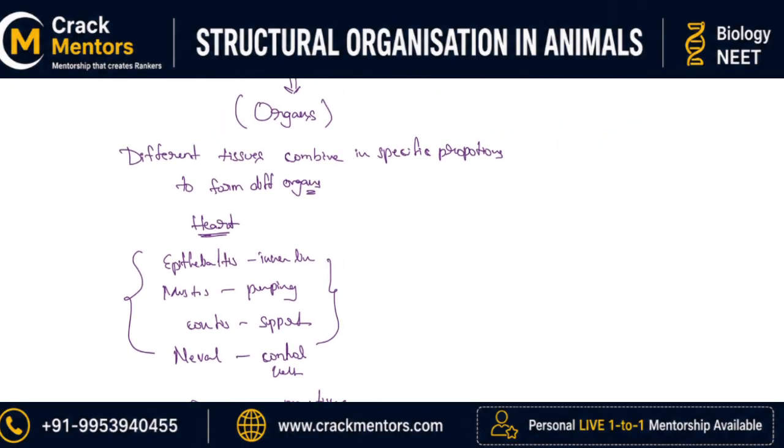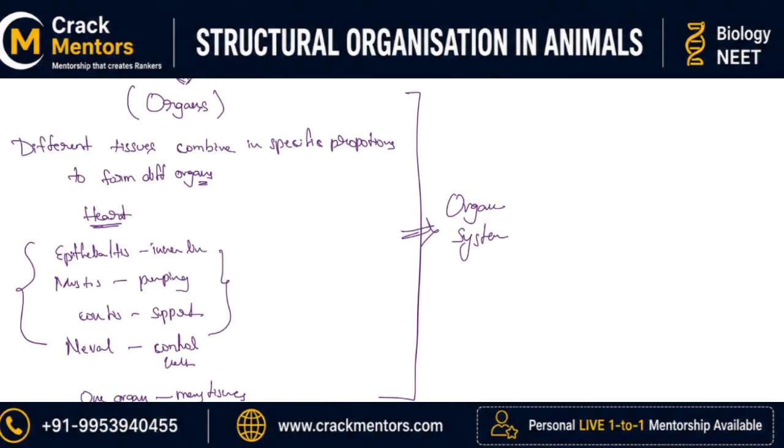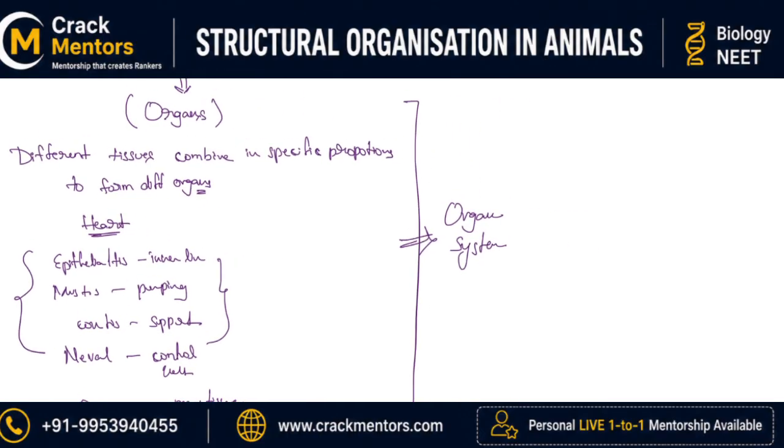Next, from the organs an organ system is formed. Okay, from a single cell the tissue is formed, from the tissue the organs are formed, and from the organs an organ system is formed. So what happens in the organ system? Two or more organs work together for a common function, and when this happens they are grouped under the same organ system.